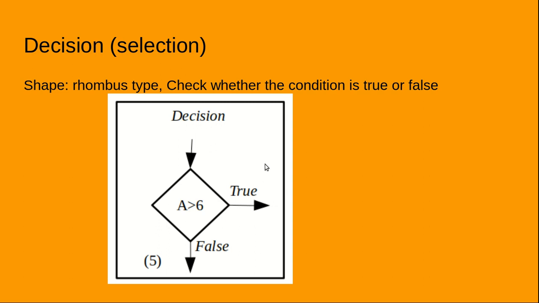If it is true, that means if A is greater than 6, the flow goes to this side. If it is less than 6 or equal to 6, it goes to this side. And here A is also a variable, so you have to input or define A earlier.